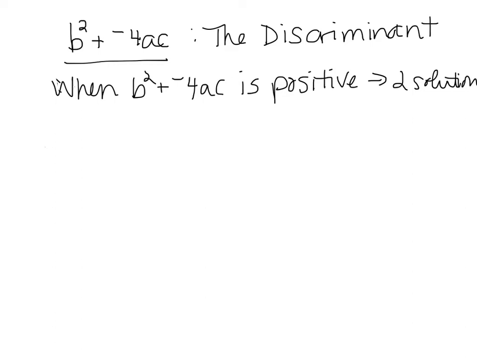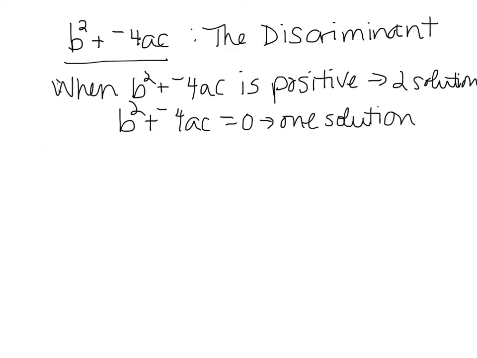When b squared plus negative 4ac equals 0, there is one solution, which is actually called a double root. It means that this is a perfect square. Like if I tell you that x minus 3 times x minus 3 equals 0, well, there are two solutions, but they're the same number. They're both 3.